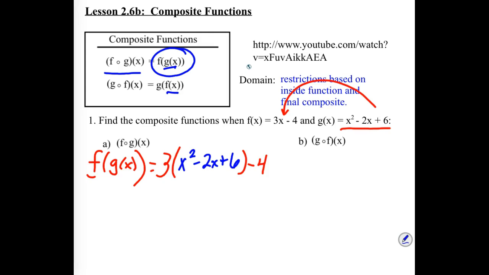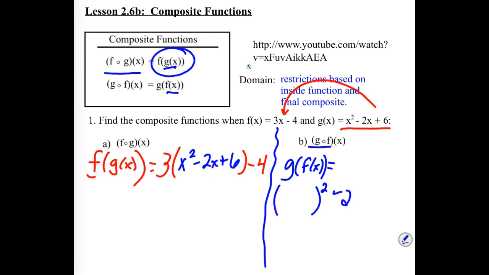Now, we do want to clean that one up, and we'll come back to that in just a second. I want you to compare the second composition here. Now I've reversed the order. Now I'm saying take g of f of x. So now that says start with the g function. This g function says something is getting squared minus 2 times that same thing plus a 6.